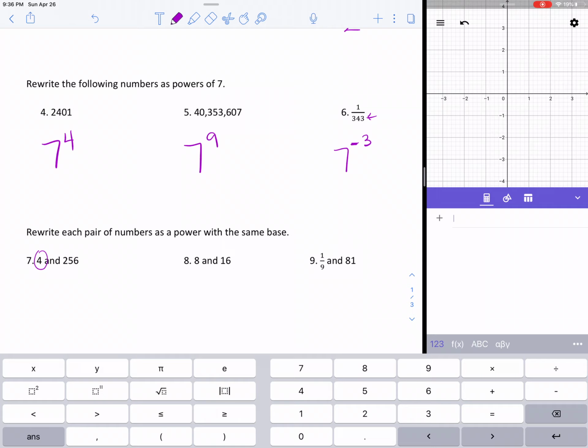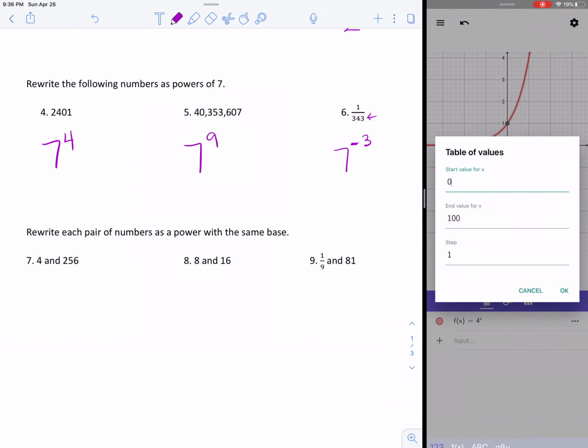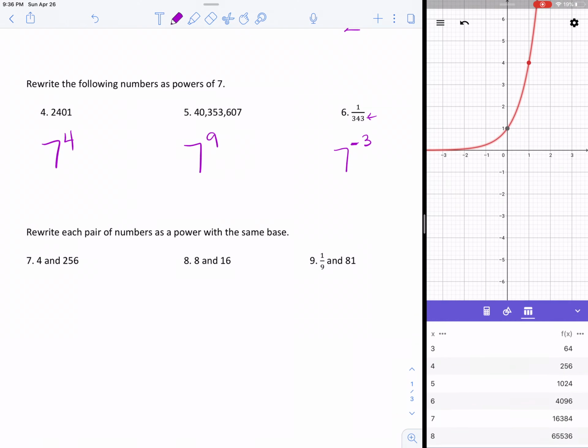We could write it as 2 squared, or we could leave it as 4. Let's see if I list the powers of 4, 4 caret x. If I look at this table, is 256 on this table? It is, okay? If you look right here on the table, when x is 4, the output's 256.